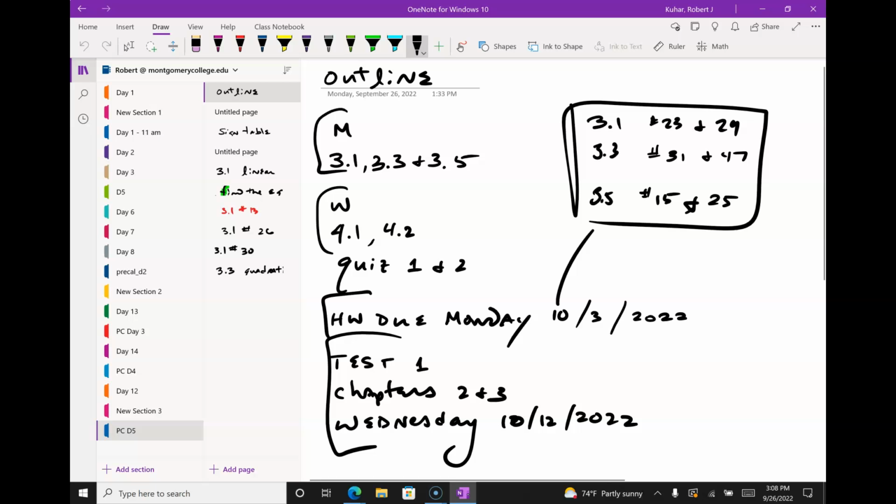And 3.2 and 3.4 are data driven, but I don't care about that stuff. Don't need it for calculus, that's for sure.